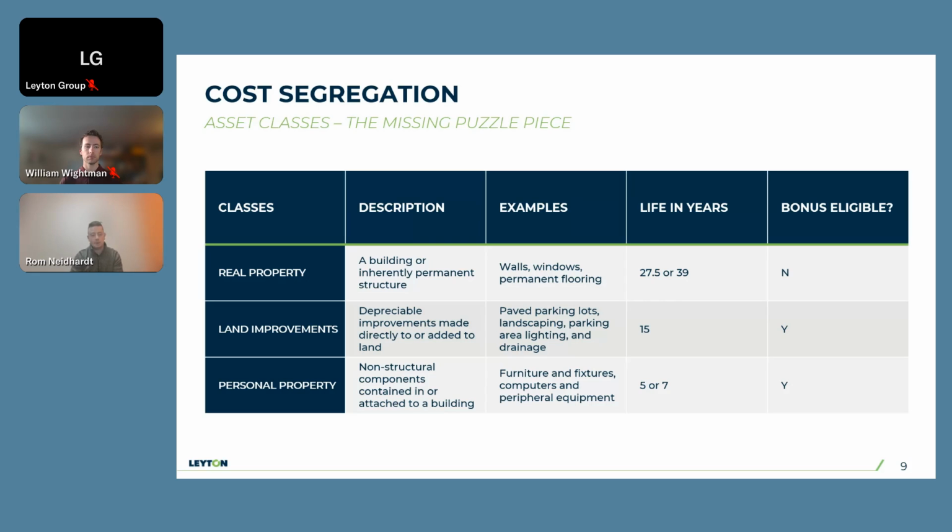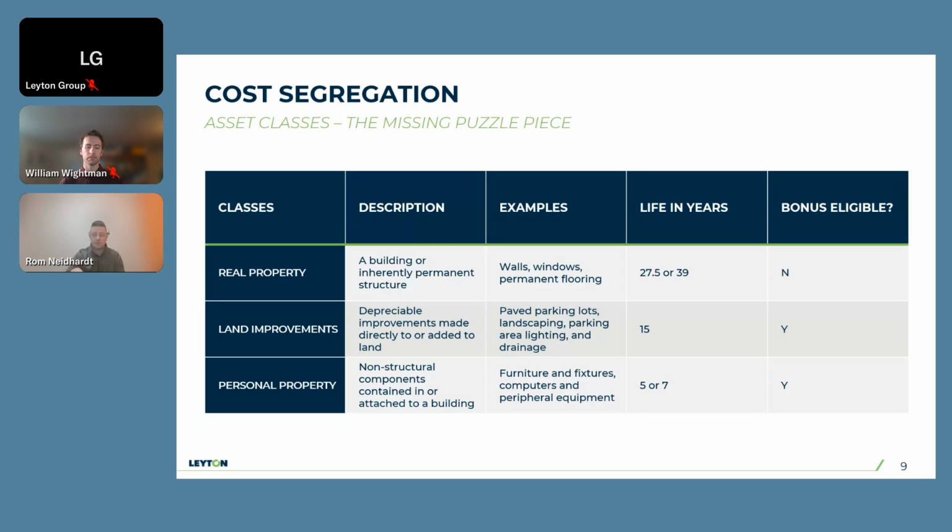And then the last category that we focus in on is personal property. That's going to be anything non-structural, all the components within your building that aren't deemed structural that we can pull out of that 27 and a half, 39-year class life. It's going to be things like furniture and fixtures, computers, peripheral equipment. There's all kinds of things that fall into that category, and Will's going to talk a little bit about that.